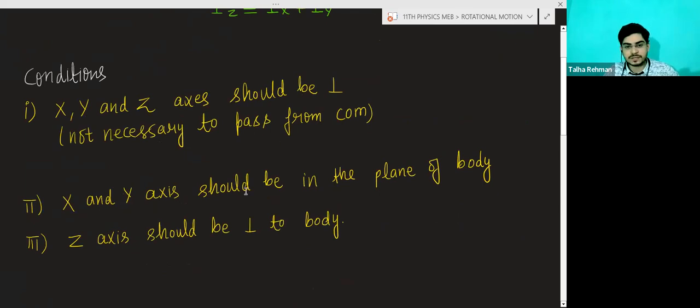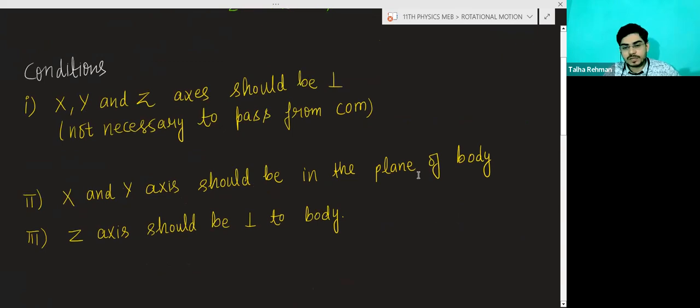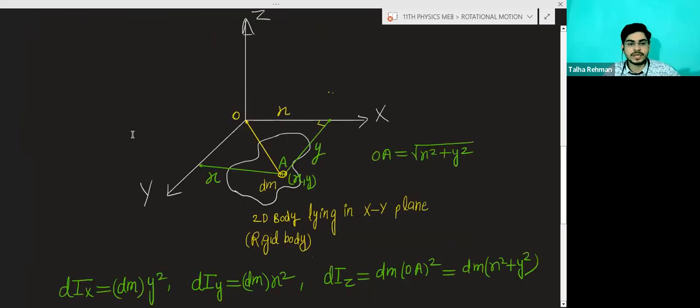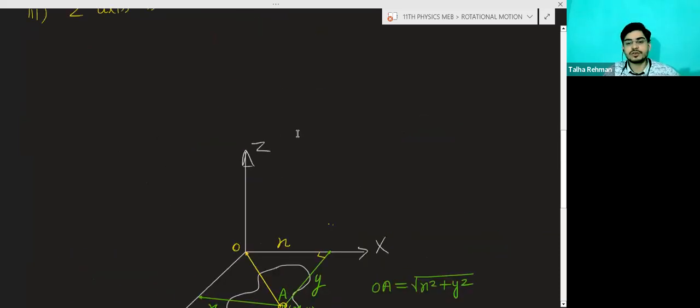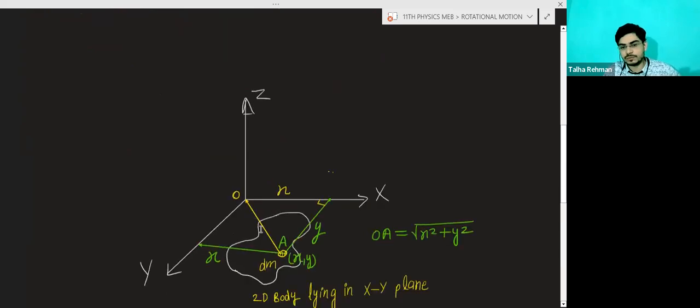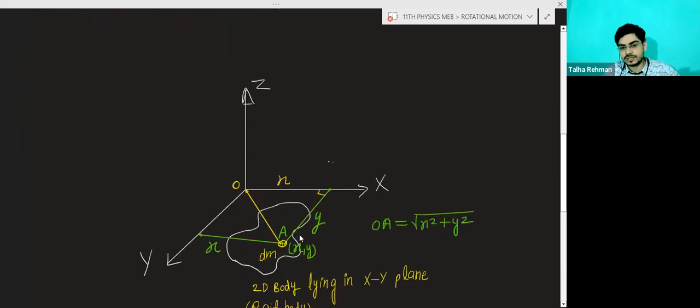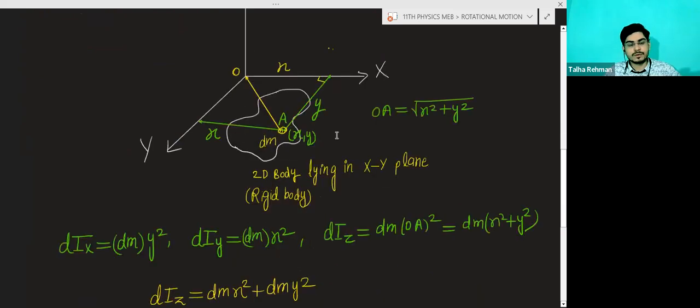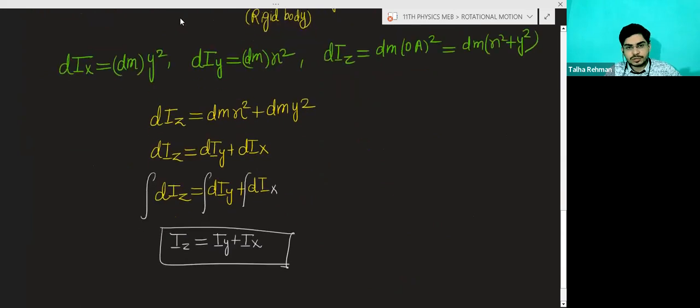X and Y axes should be in the plane of the body. Z axis should be perpendicular to the body. So basically, this is a proof of the perpendicular axis theorem. Note down questions; we will solve them in the next class.